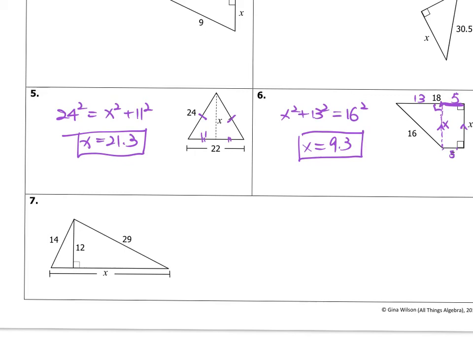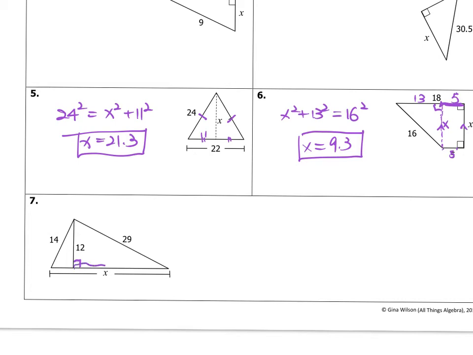So let's look at number 7. Number 7 is a little tricky because it has to borrow the properties we learned in chapter 6. I think it's 6.6. Those properties with respect to medians and altitudes and angle bisectors, etc. So here we are. We have one right triangle here, and I have a hypotenuse, I have a leg.